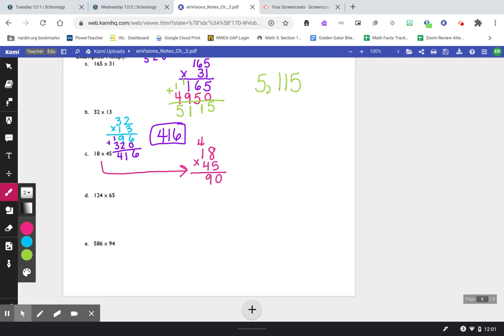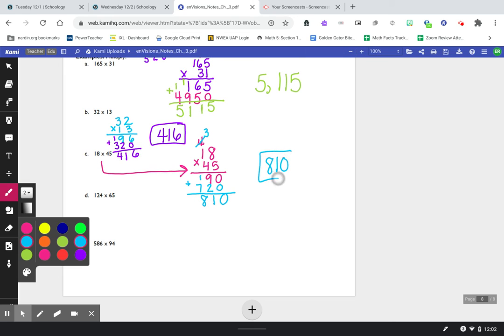Now I'm moving to the 4, so I have to place my 0. 4 times 8 is 32. If you need to cross out that number you already carried, you can. 4 times 1 is 4, plus 3 is 7. And now we add. 0 plus 0 is 0. 9 plus 2 is 11. 7 plus that 1 is 8. So your answer is 810.